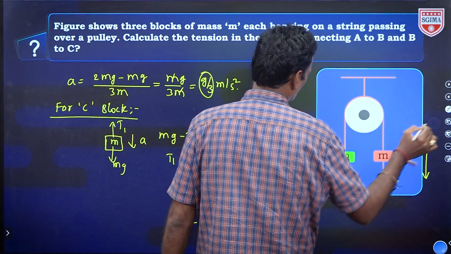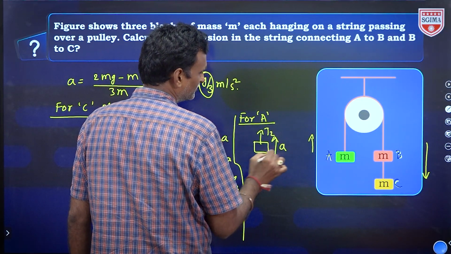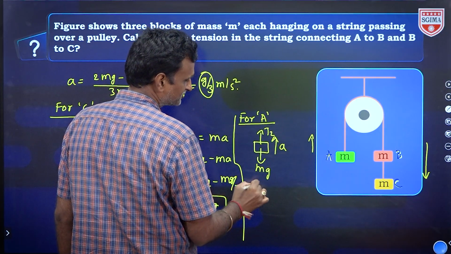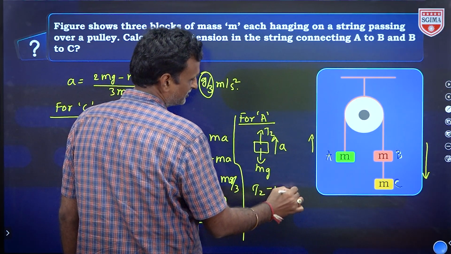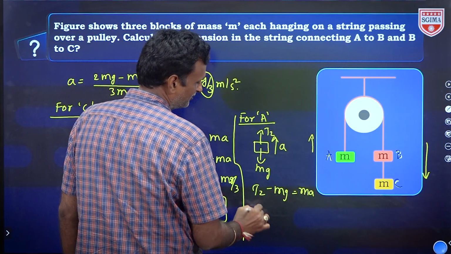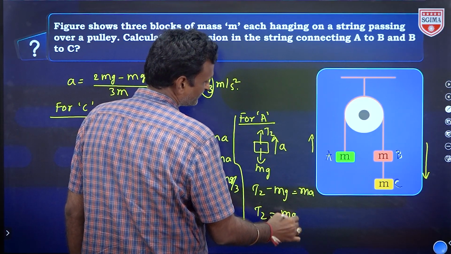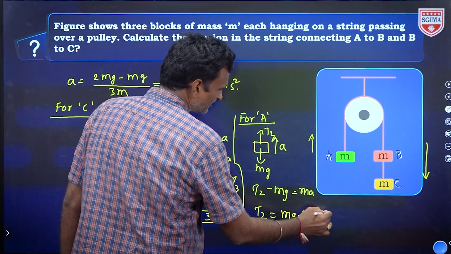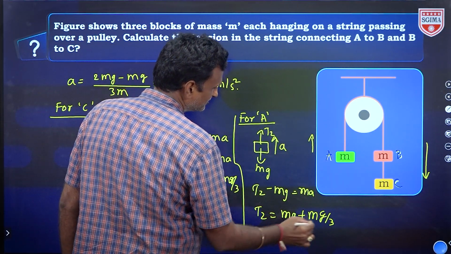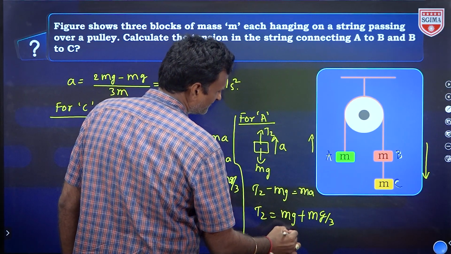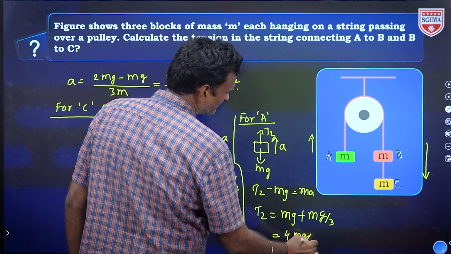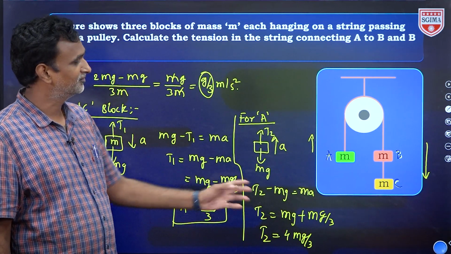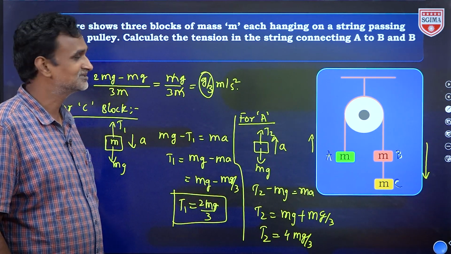So acceleration upward and downward force mg. Then watch which force minus which force: T2 minus mg equals ma, so T2 equals mg plus ma. The value of a is g by 3, so we can write 3 mg plus mg, 4 mg by 3. This is tension T2. So T1, T2, this way we can estimate.